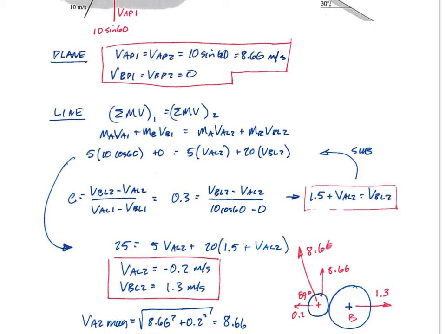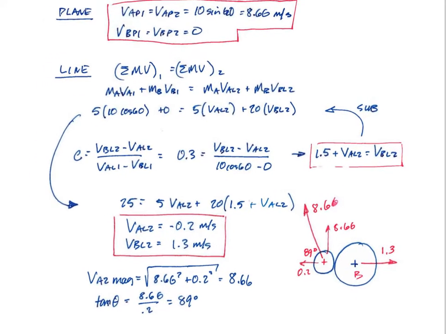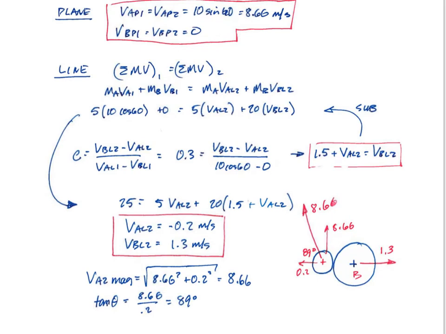All right. So here I have the components in the plane, and here are the components in the line. That's really the main thing. Sketching the velocity vectors on the drawing is another thing I wanted you to do, and let me just put those together. We can see that for particle A, it has a negative in the line direction, so it's going to have a negative component this way, and a positive in the plane going up this way.